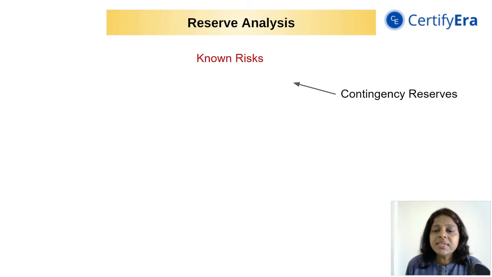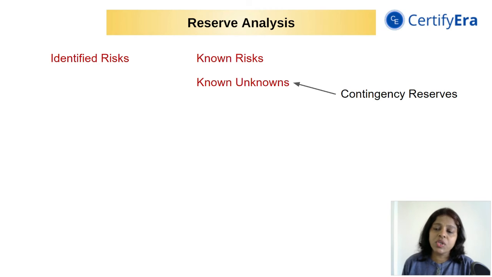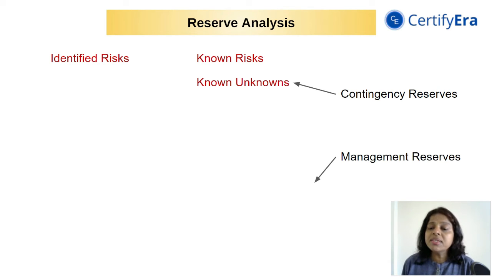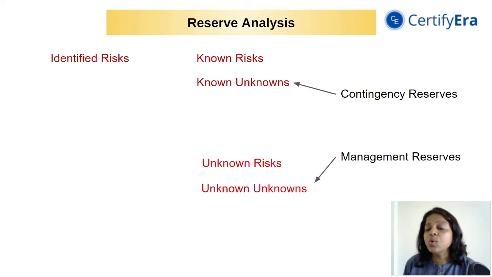Contingency reserves we plan for known risks, known unknowns or identified risks in the project. Management reserves are set aside for managing the unknown risks, emergent risks, unknown unknowns or unidentified risks.